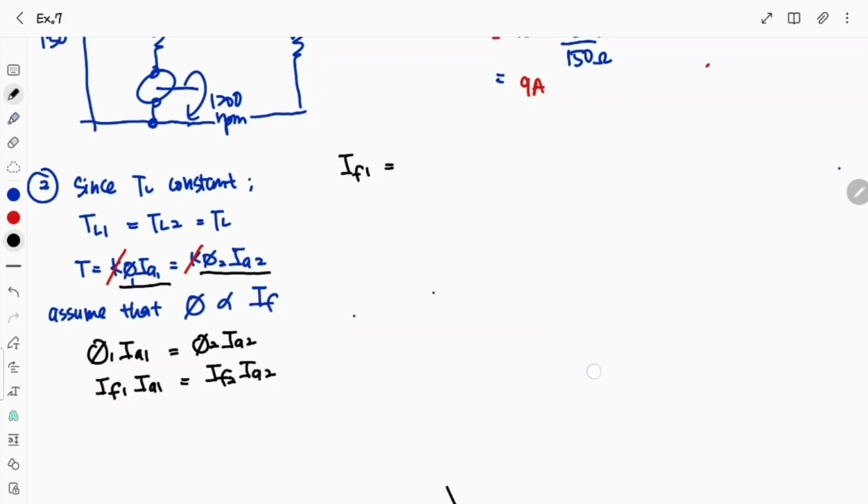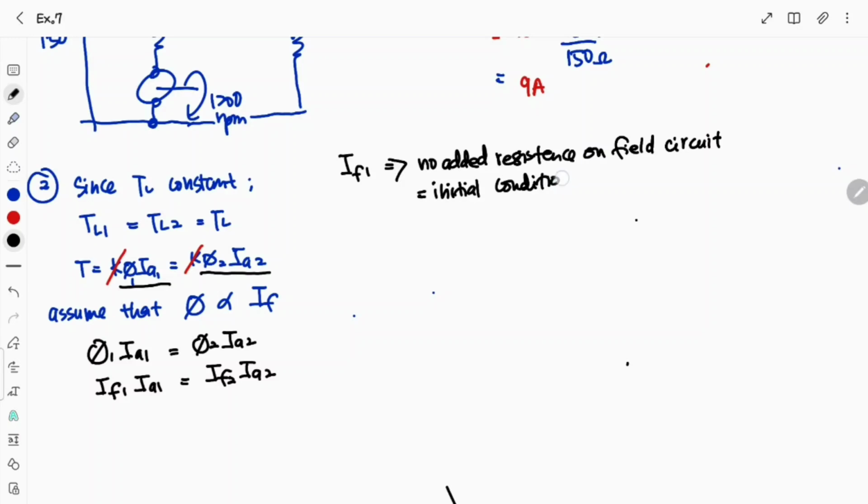Field current 1 means before the added resistance on the field circuit, or the initial condition. For IF2, it is with RF on the field circuit. Okay, remember that.